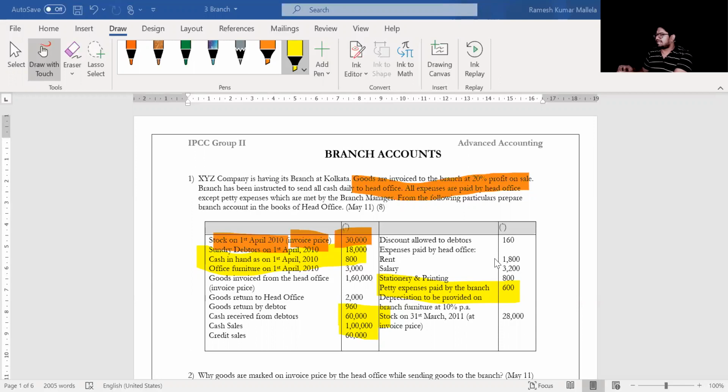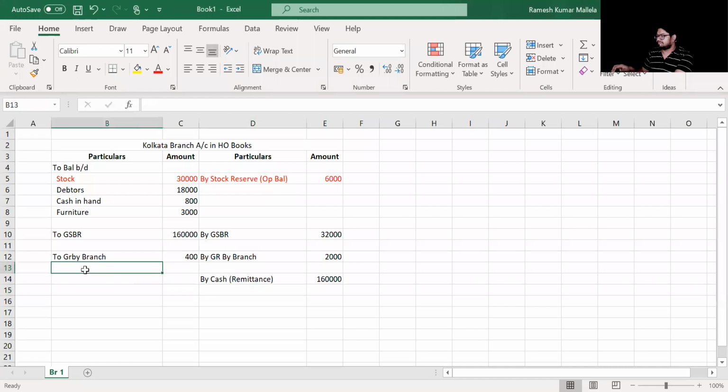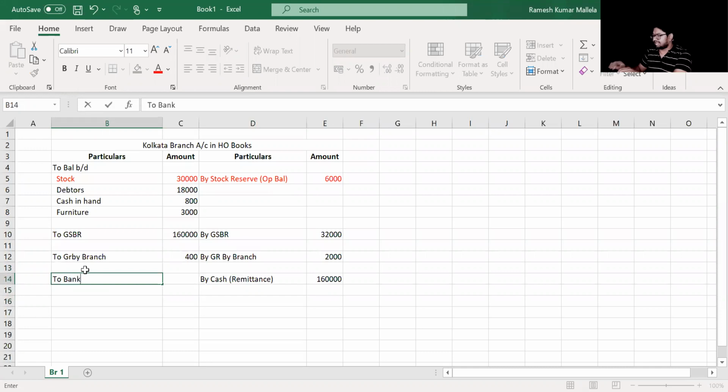Okay. So let us take entries. To bank. I'm spending my own money. For what all purposes am I spending? I'm spending for rent, then stationery, then what other expenses are there?